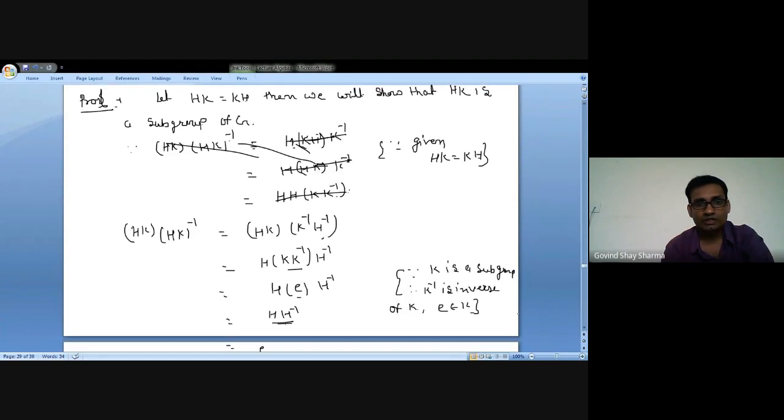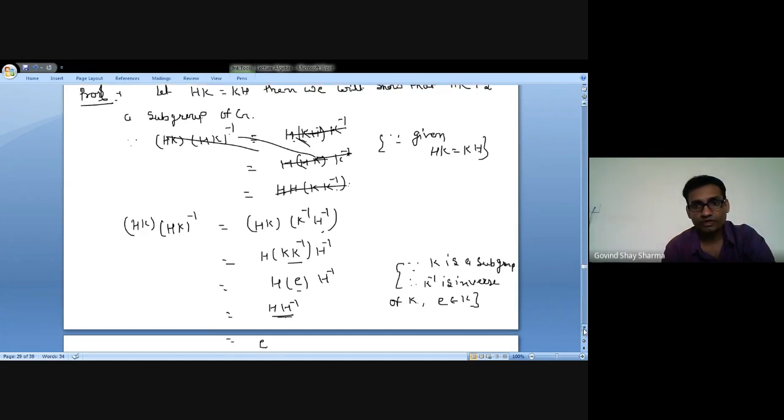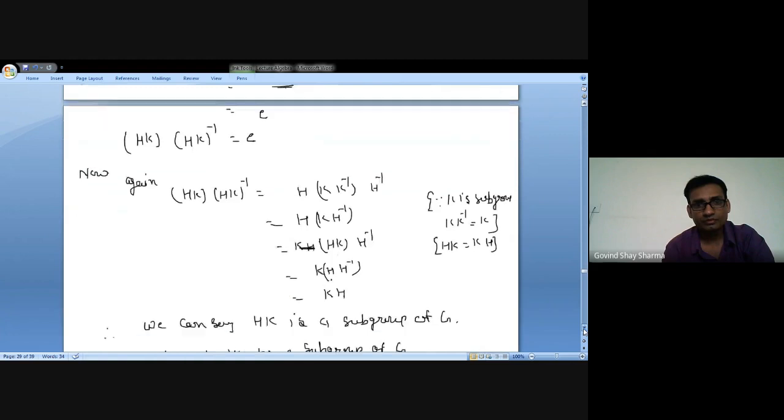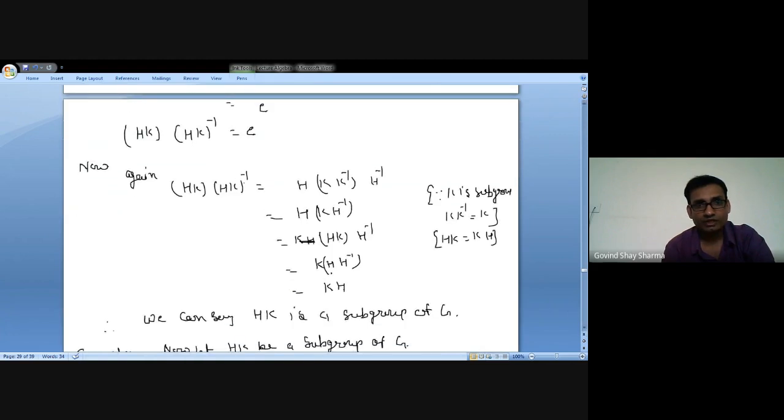If HK is a subgroup, then AB inverse belongs to the subgroup H. So here we can write K inverse H inverse, and K inverse becomes K, H inverse becomes H, because H and K are subgroups. We can write it like that: AB inverse is equal to B inverse A inverse.